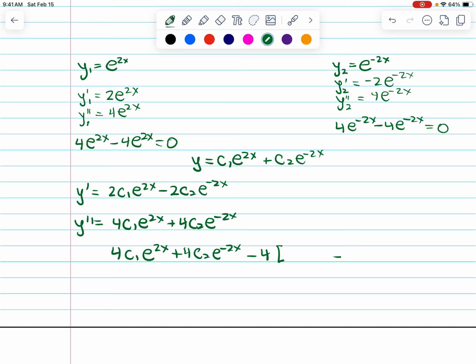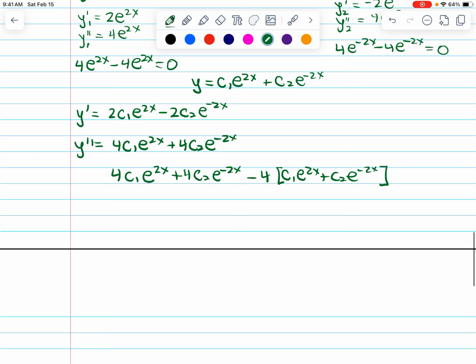Okay, so it's c1 e to the 2x plus c2 e to the negative 2x. Okay, now let's see what that is. Now notice that this and this are going to be 0. And this is going to be 0. So, ooh, it works. So that is called the superposition principle. We'll be using that later.